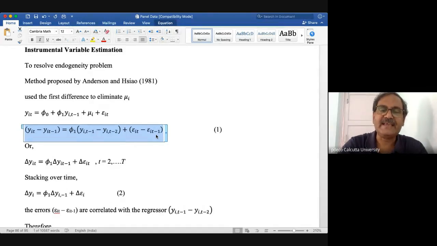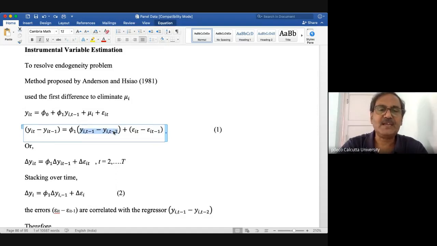So in that sense, in this model, if we estimate equation 1 in place of the original specification, we have to face the endogeneity problem, because here we can consider this part as a whole as the error and this part as a whole as the regressor.